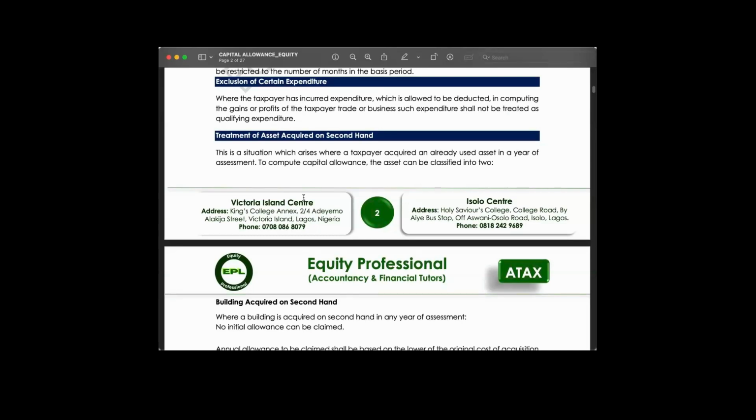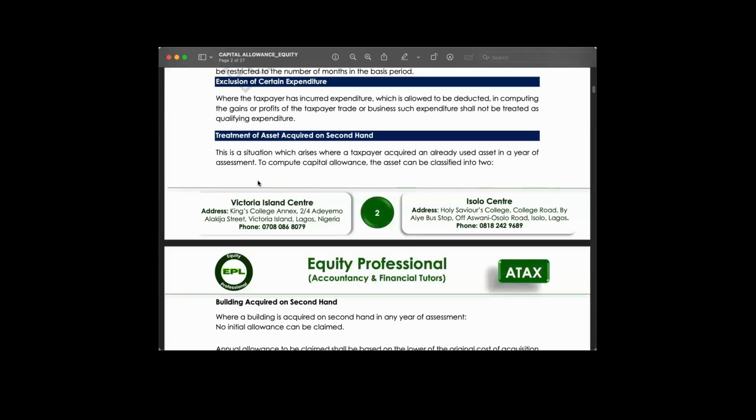By implication, when a building is acquired on second-hand basis, the annual allowance to be calculated shall be on the lower of the original cost of the asset and the new purchase price. Okay?